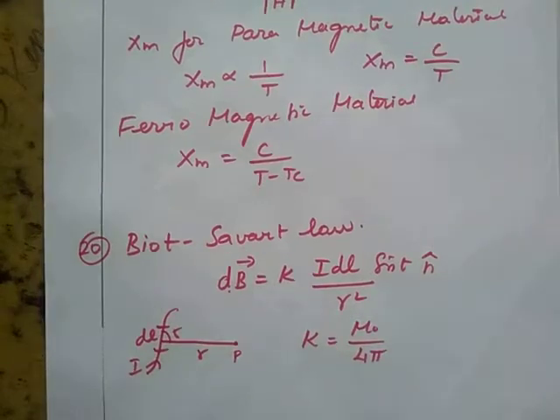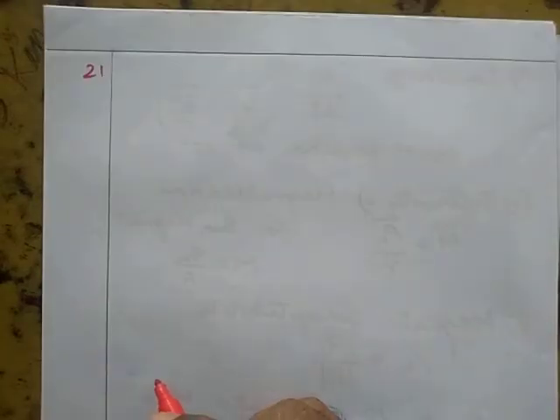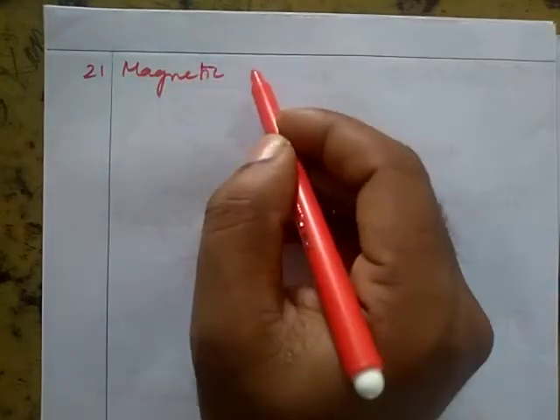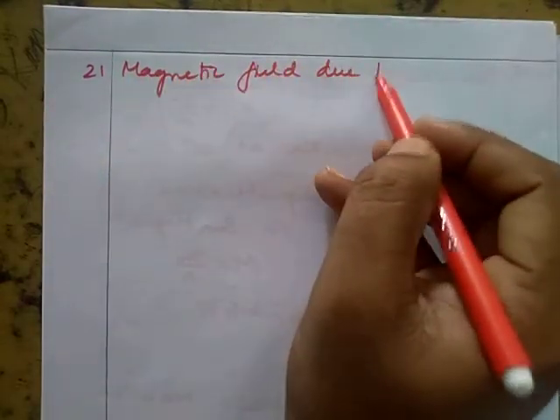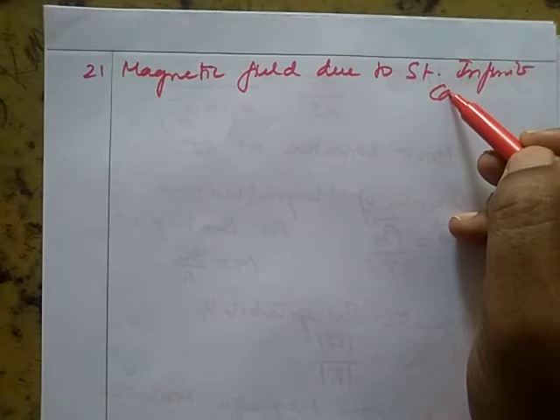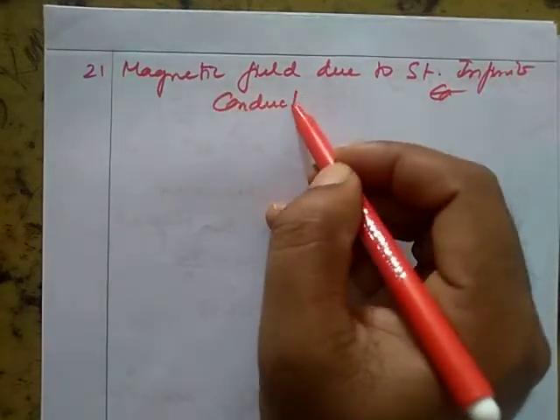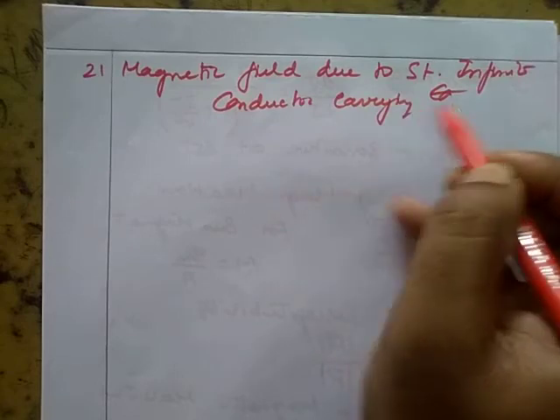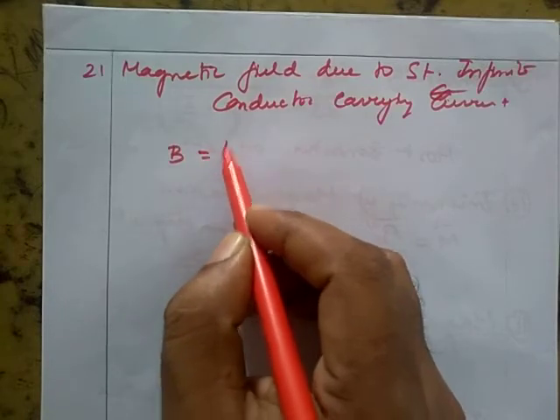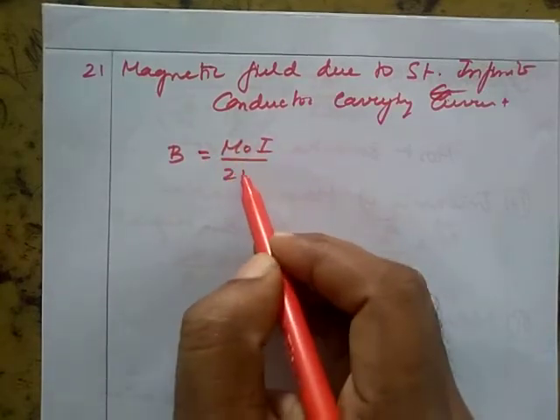Then by using Biot-Savart law we find the magnetic field due to a straight conductor carrying current. If the conductor is of infinite length, then the magnetic field due to a straight infinite conductor carrying current is B is equal to mu naught I by 2 pi a.